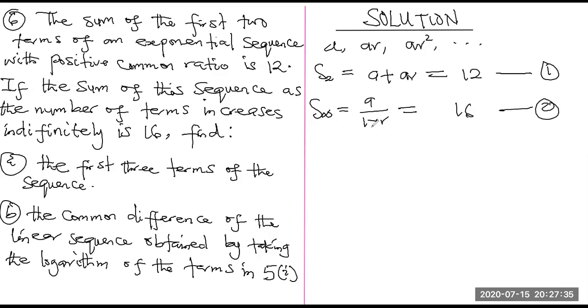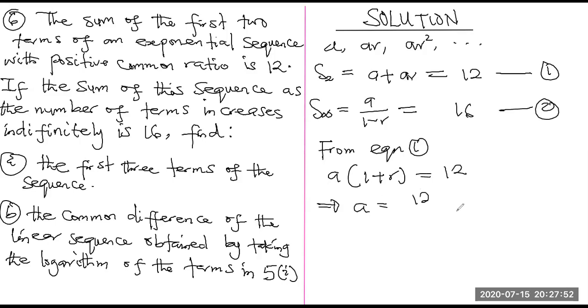Now, from our equation 1, we can factorize A out. If we bring that A out, we're going to have A times 1 plus R equals 12. That implies that our A is equal to 12 over 1 plus R. I'll call this equation 1, modified, 1b.